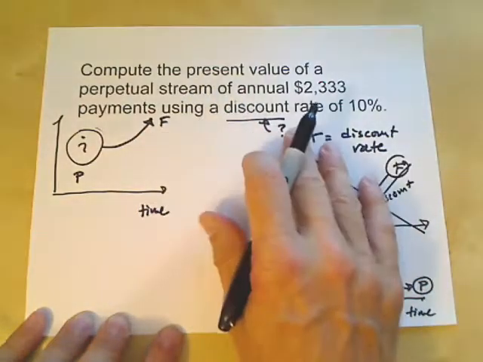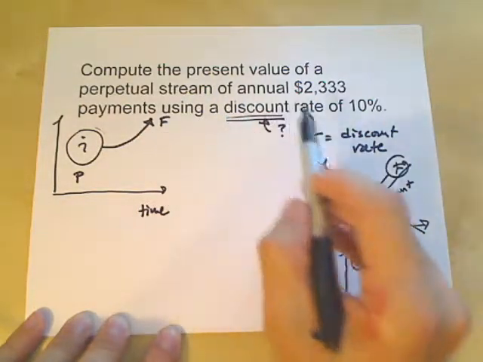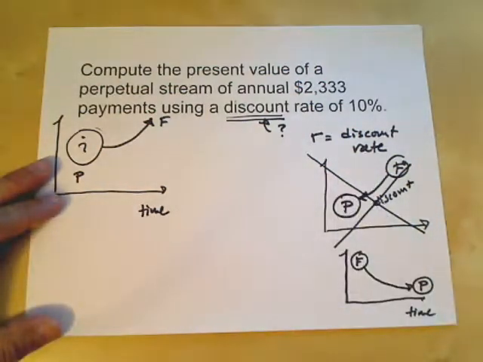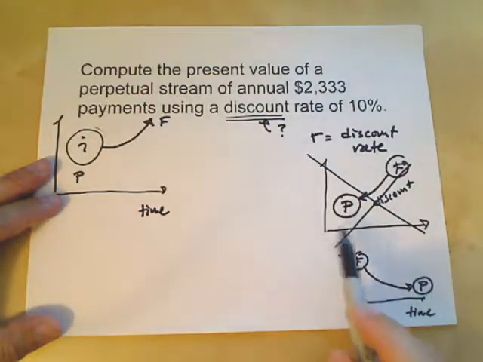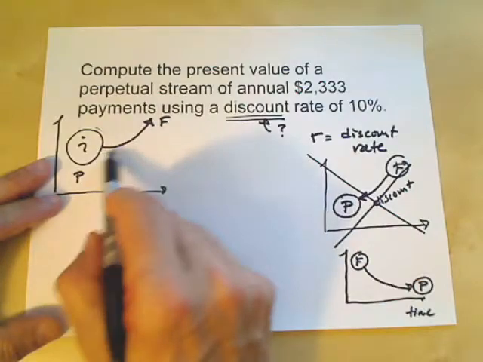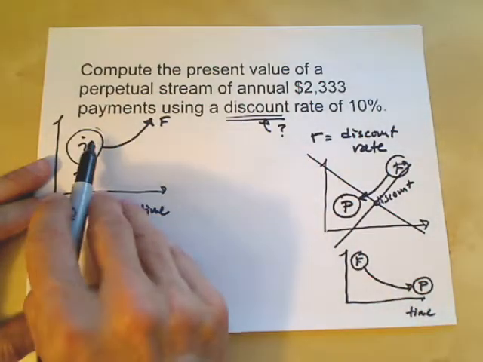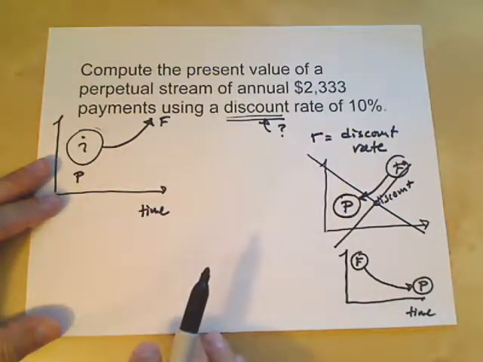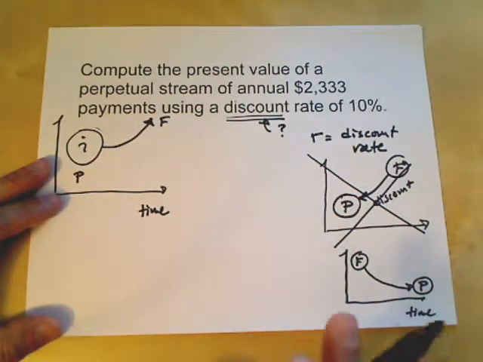So the first thing we notice about this problem is it's using the word discount rate instead of interest rate. Mathematically, they're exchangeable, but we conceive of the problem differently. At discount rate, time is running backwards, and the shape of our discount curve is different. It's the reciprocal of the shape of our interest rate curve. Keep that complexity in mind.